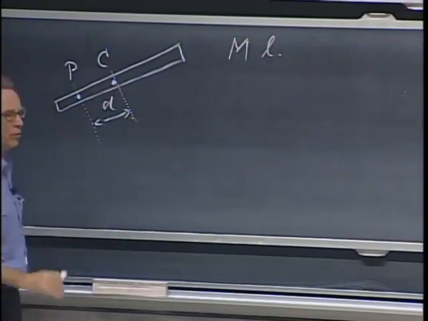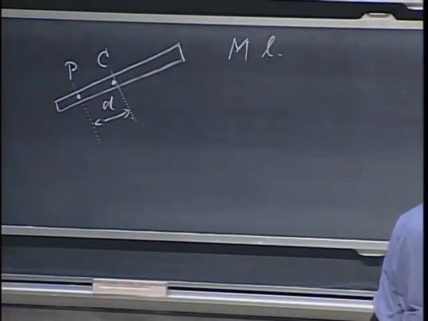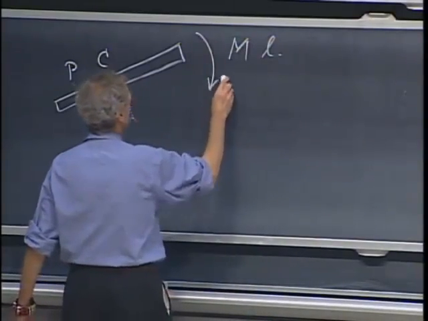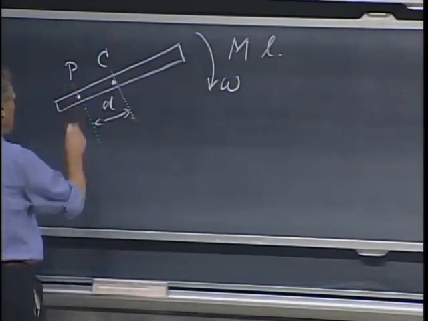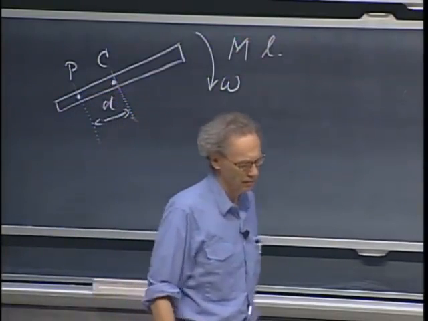Think of this as a horizontal frictionless plane, and I'm rotating it with an angular velocity. Let's say we rotate it in this direction, force it about that point P. I put a pin in there perpendicular to the blackboard, and I rotate it.